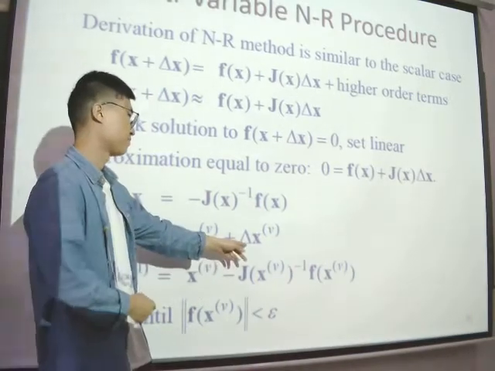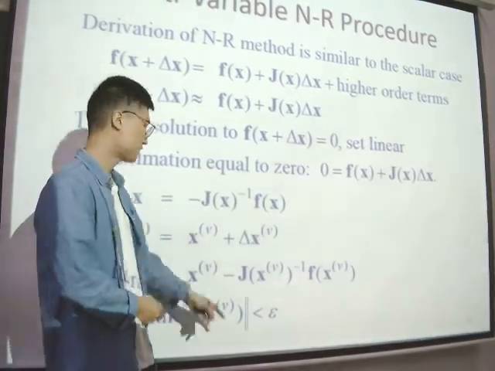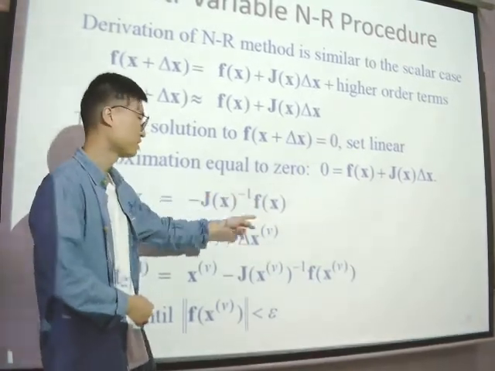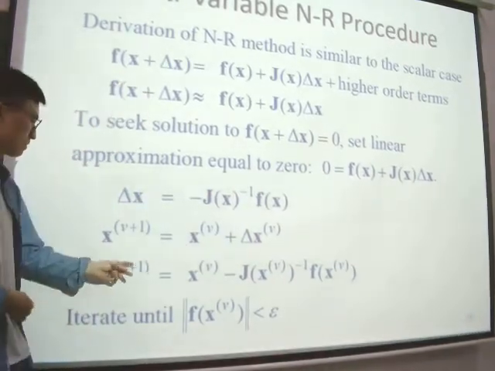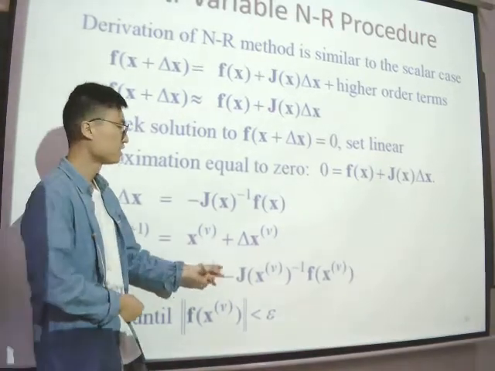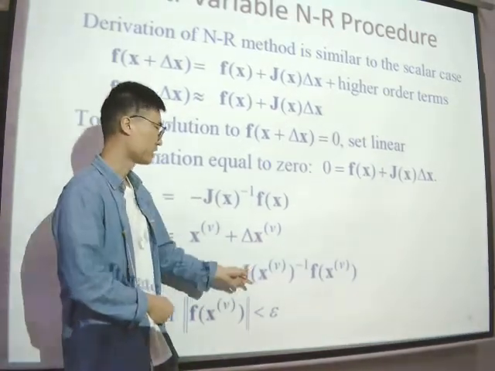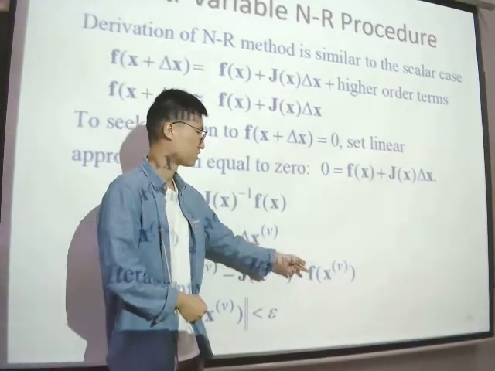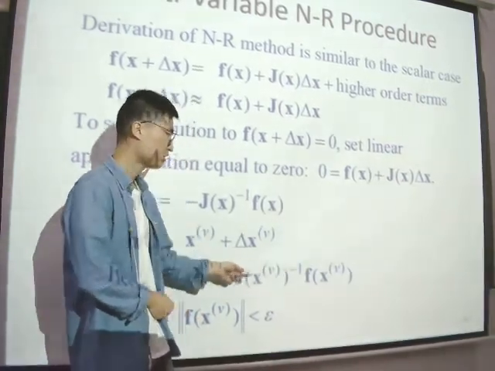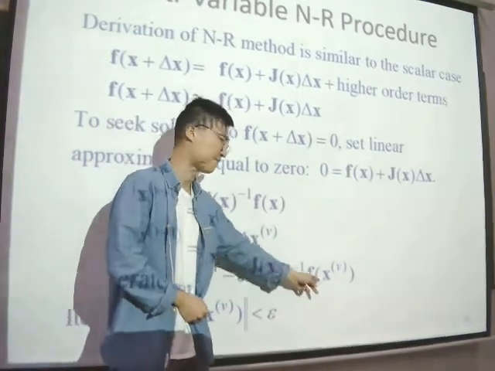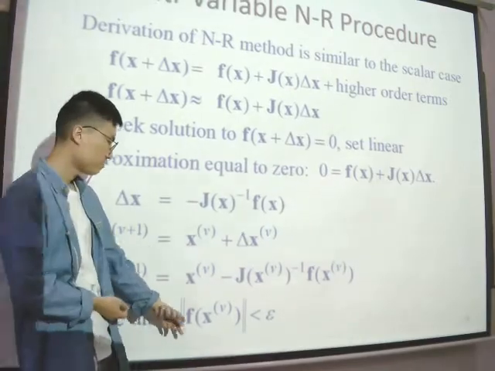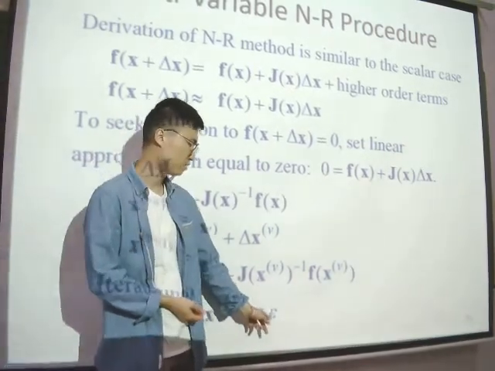Because delta x is equal to this, we put this expression here. So x(k+1) is equal to x(k) minus J(x(k)), the Jacobian of x(k), as the denominator, and f(x(k)) in the numerator. For the stopping criteria, f(x(k)) is smaller than this.